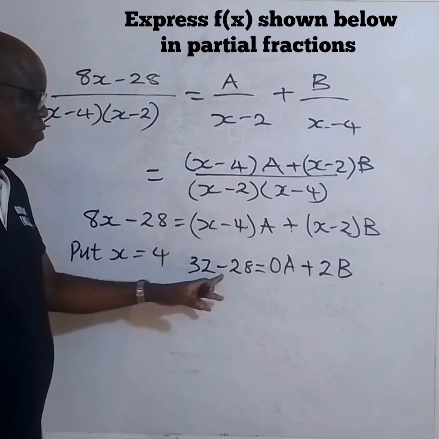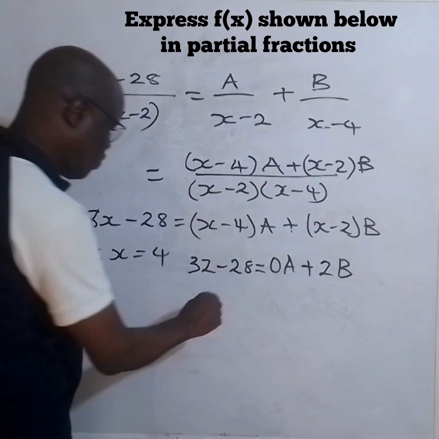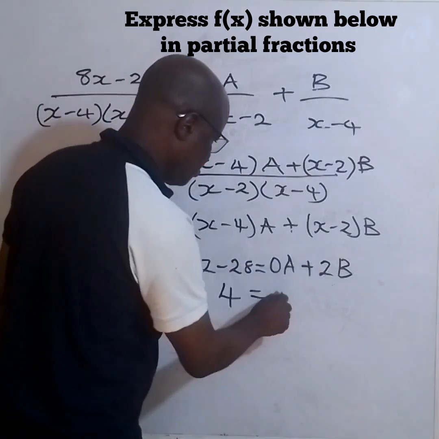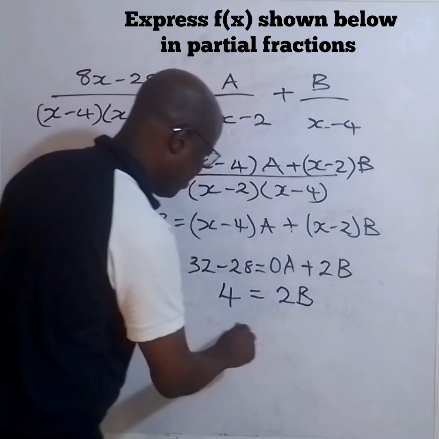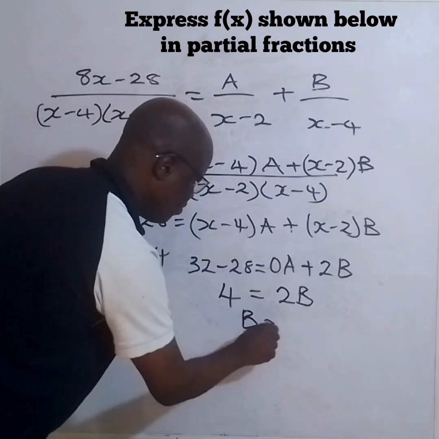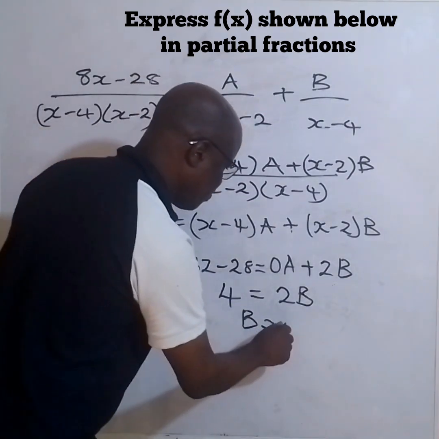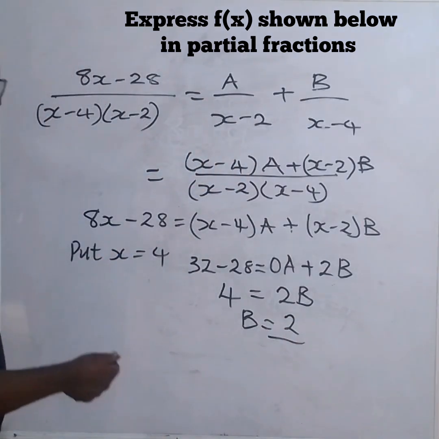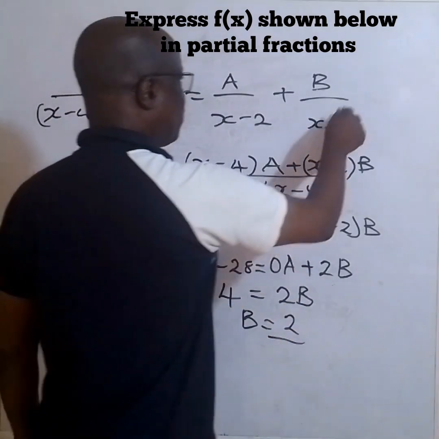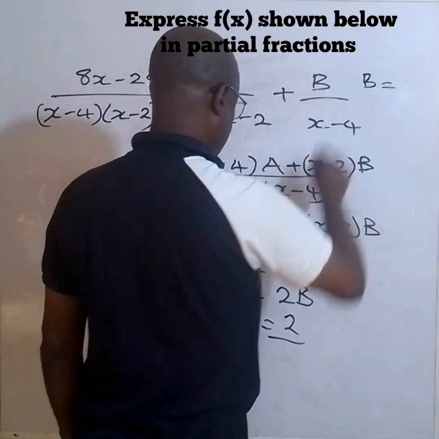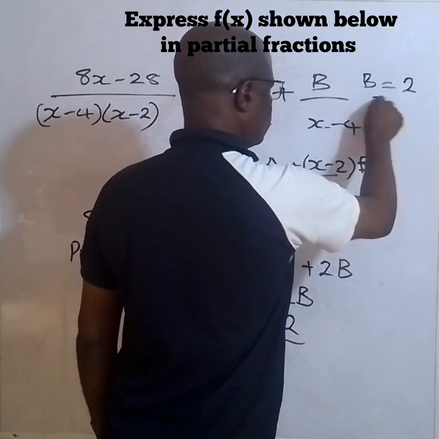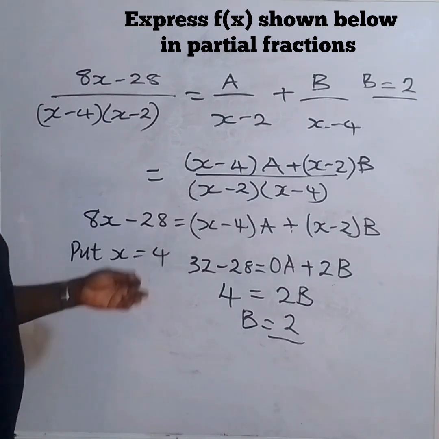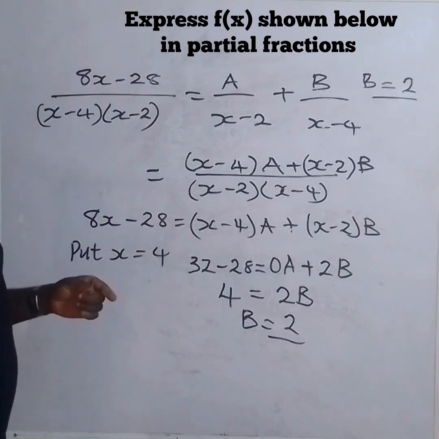Now from 32, take away 28, and that is 4, is equal to 0 plus 2B. So our B, divide both sides by 2, our B is equal to 2. So you have gotten your B to be 2. So let's keep that one and put it here. B equal to 2.